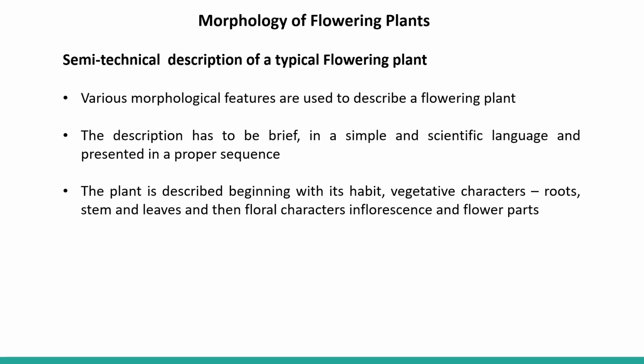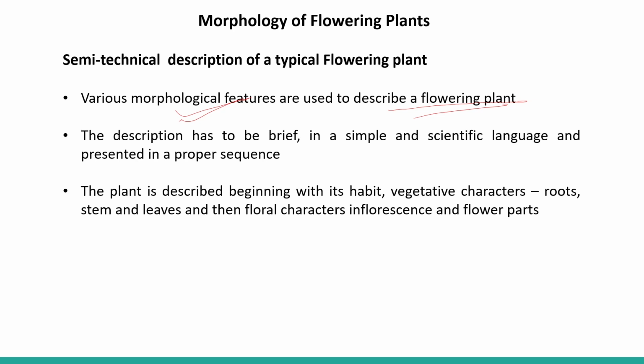So, the semi-technical description of a typical flowering plant. Various morphological features are used to describe flowering plants: features of the roots, the stem, their distribution, where the plants are found, and also the arrangement of flowers on the floral axis.